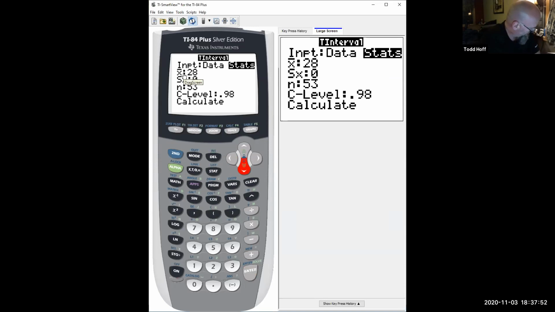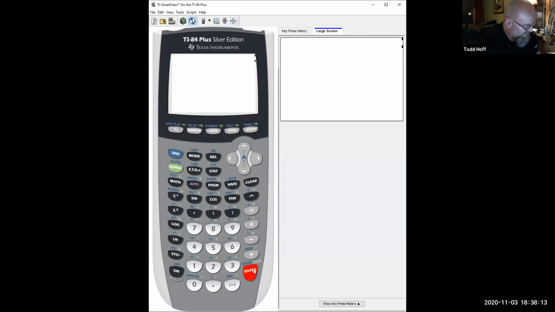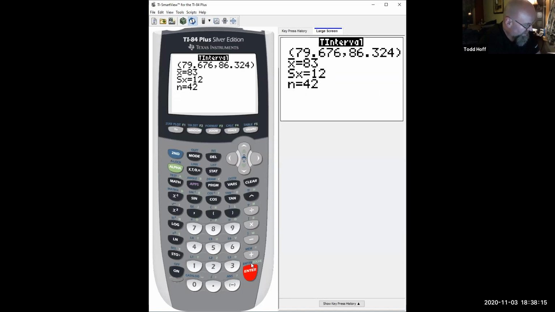Our sample mean is 83. Sample standard deviation is 12. Sample size is 42. Confidence level is 92%, so 0.92. Giving us 79.676 to 86.324.